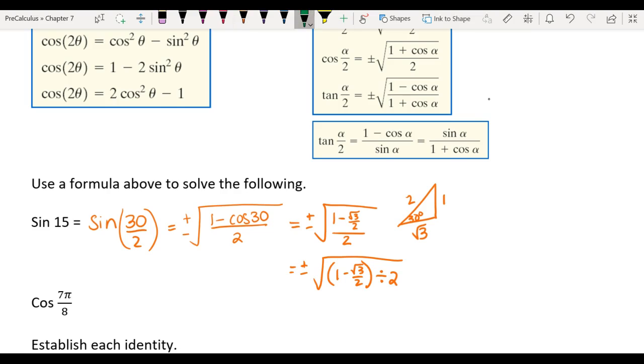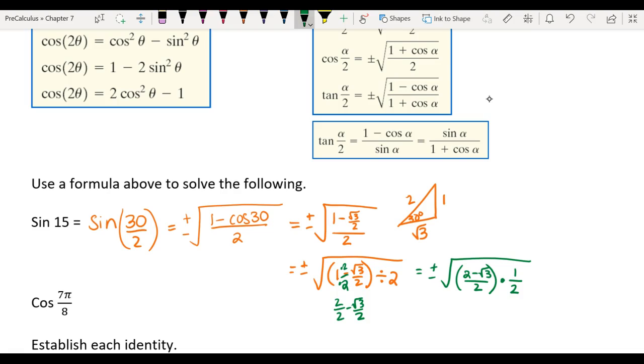I'm going to find common denominators, which gets me 2 over 2 minus square root of 3 over 2. So I'm going to put that together. I get positive or negative square root of 2 minus the square root of 3 over 2, times 1/2, because I switched that too.